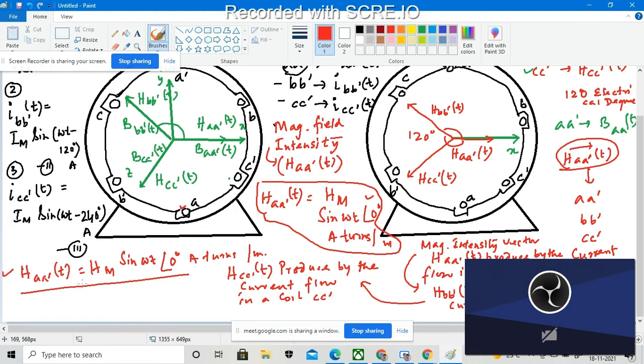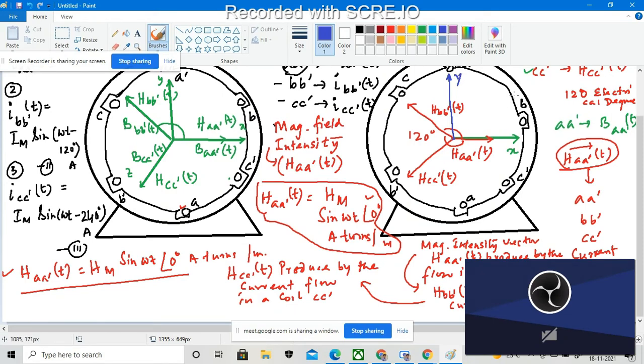Here you will see that this particular vector lies along the x-axis. If I consider the y-axis also, this will be my y-axis.